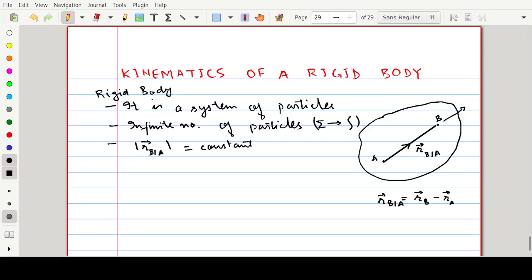Let me take a unit vector EBA along this vector RBA. Then your RBA can be written as RBA, the magnitude, into its direction EBA.